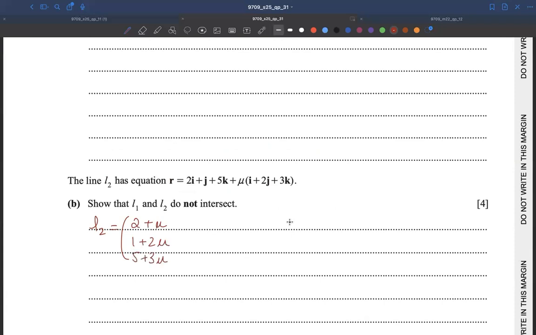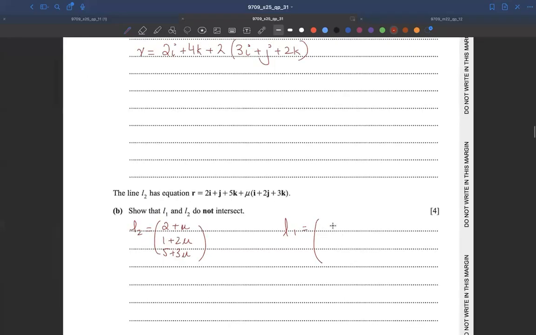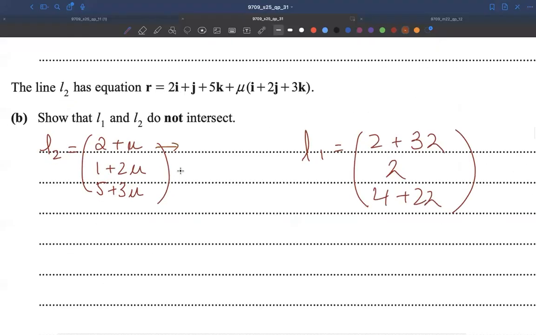And line L1 can be written in the parametric form as 2 plus 3 lambda, and then j is 0, so 0 plus lambda into 1 is lambda, and then 4k, so 4 plus lambda into 2 is 4 plus 2 lambda. In the first step, we'll have to equate the components. We know this represents x, this represents y, and this represents z.